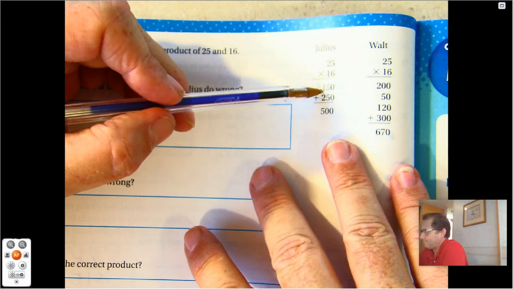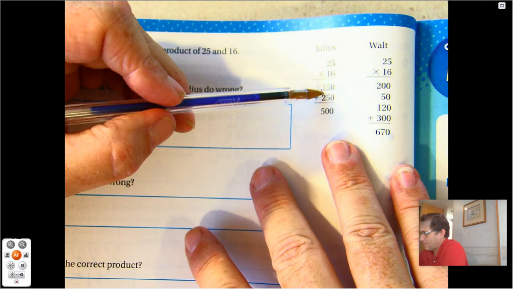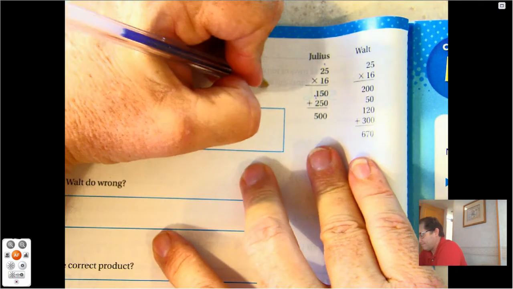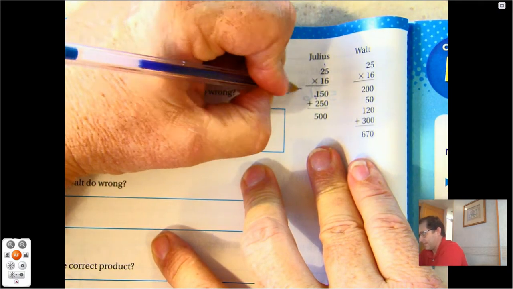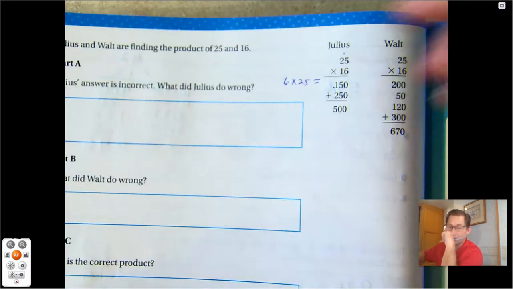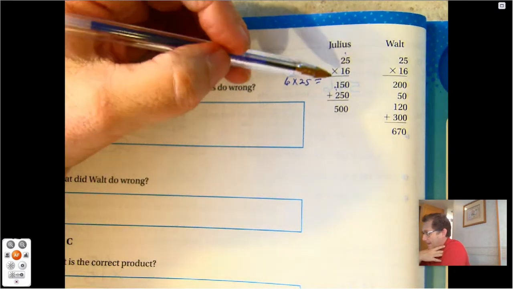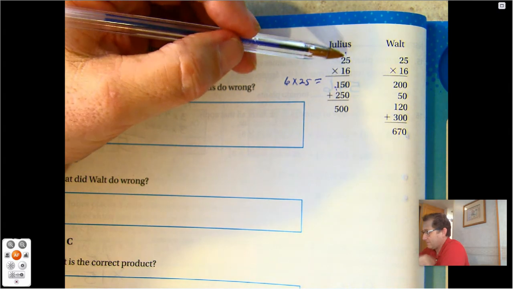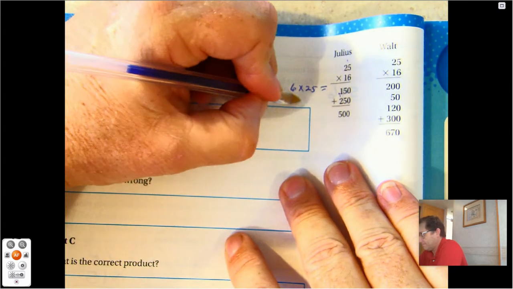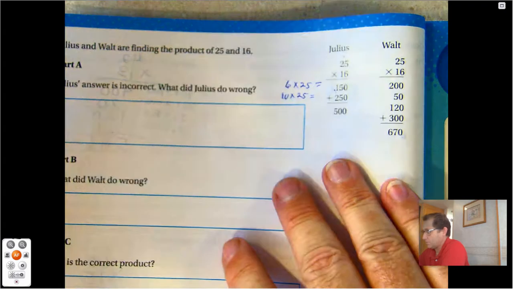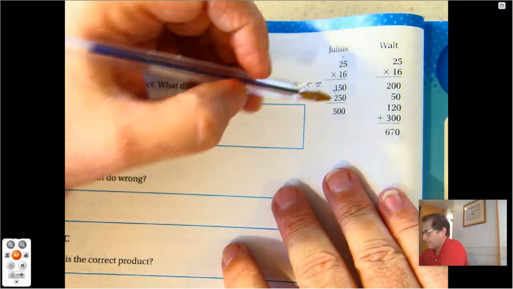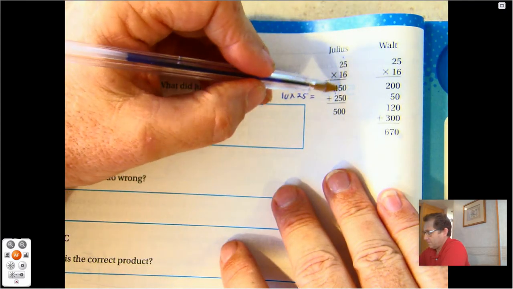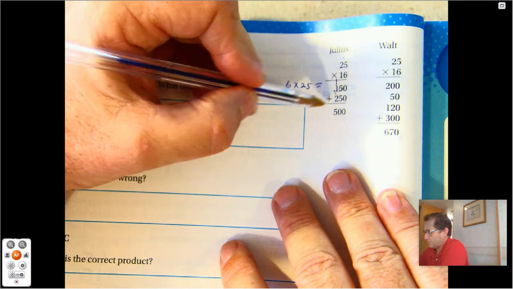6 times 25 equals 150. Yeah, that's good. And 10 times 25 equals 250. 0 plus 0 is 0. 5 plus 5 is 10. 2, 3, 4. It should have been 400, not 500.